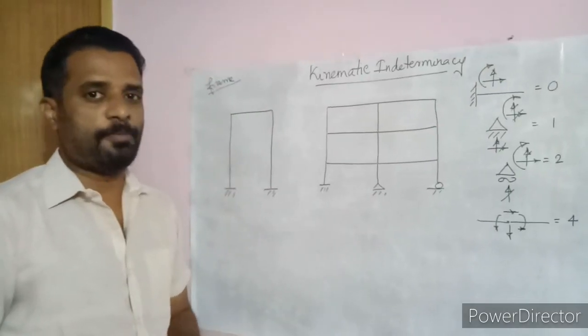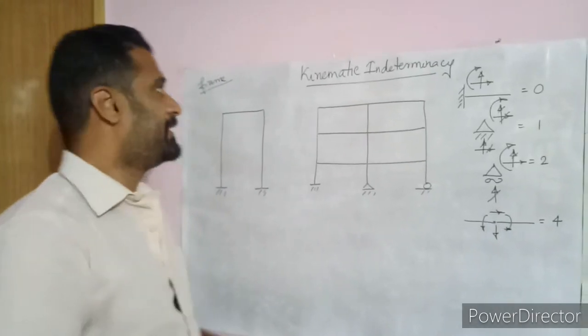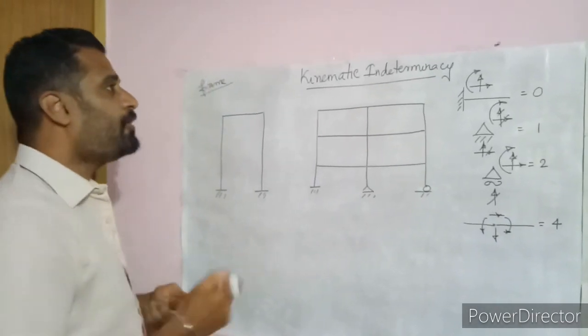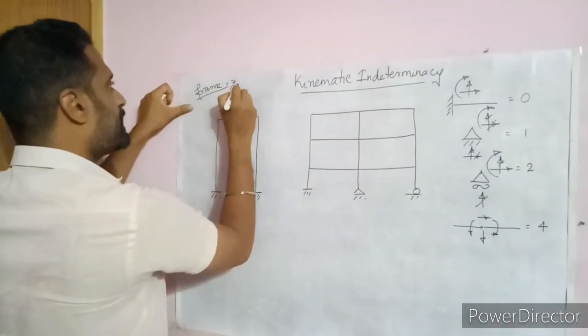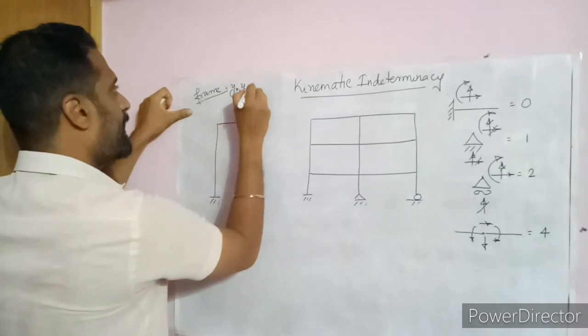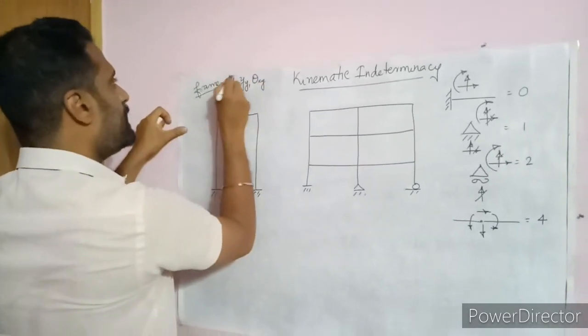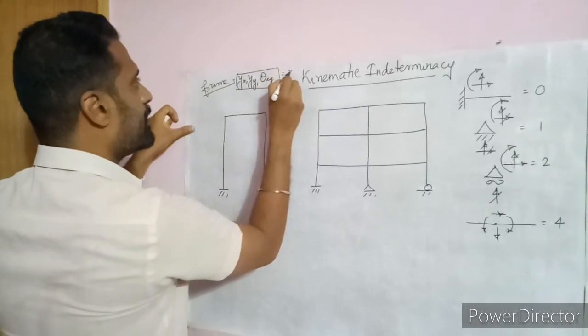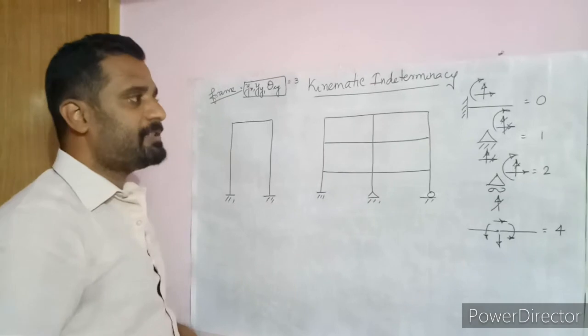Let me now solve a problem of frame to find out the degree of kinematic indeterminacy. In case of frames, all the 3 deformations are considered, I mean delta x, delta y and theta xy. So these 3, so the standard equation value is 3. So only for truss we'll take the standard equation as 2.